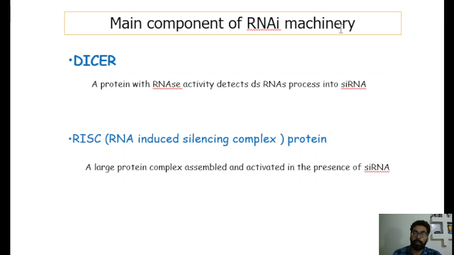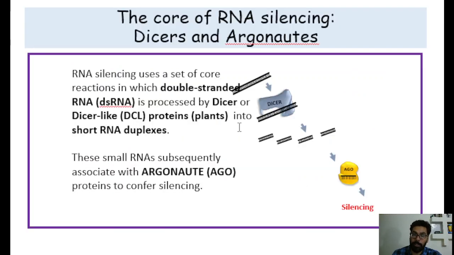The main components of the RNAi machinery are different enzymes and proteins, like the dicer enzyme. It is a protein that has RNase activity, so it will degrade the double-stranded RNAs into smaller RNAs known as small interfering RNAs. Then there is a protein complex, the RNA-induced silencing complex, also known as the RISC complex, which is a large protein complex that is activated in the presence of smaller RNAs produced by the dicer enzyme, as we already saw.